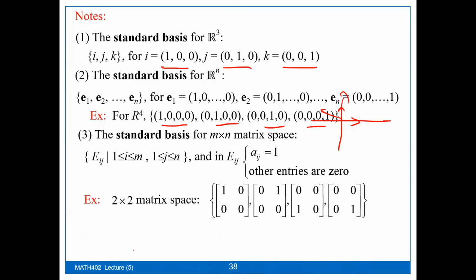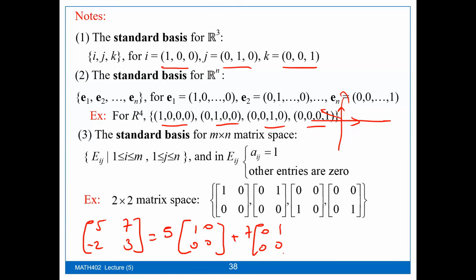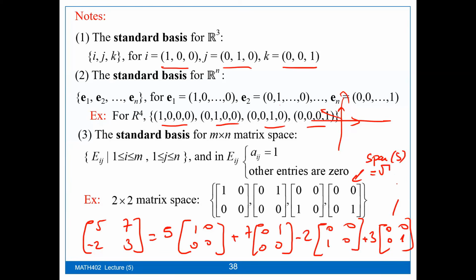So any matrix, for example the matrix 5, 7, minus 2, 3, can be written in terms of these four matrices: 5 times 1, 0, 0, 0, plus 7 times 0, 1, 0, 0, minus 2 times 0, 0, 1, 0, plus 3 times 0, 0, 0, 1. So it's a spanning set. So span of S is the whole set of matrices of order 2 by 2 here.